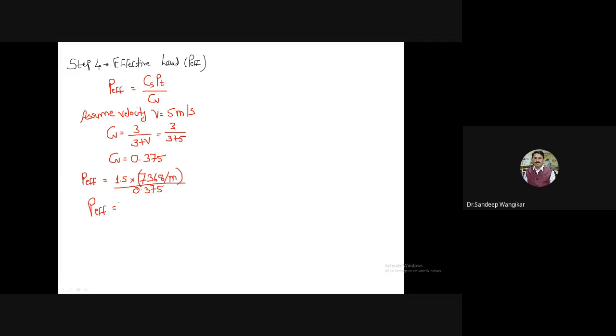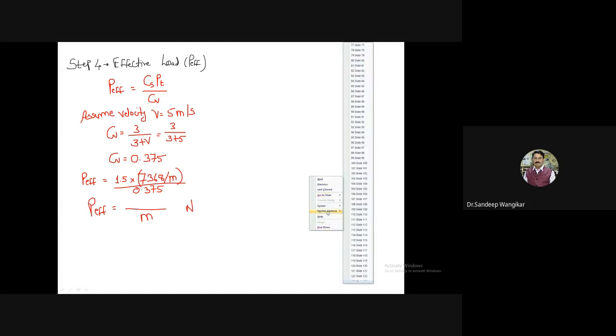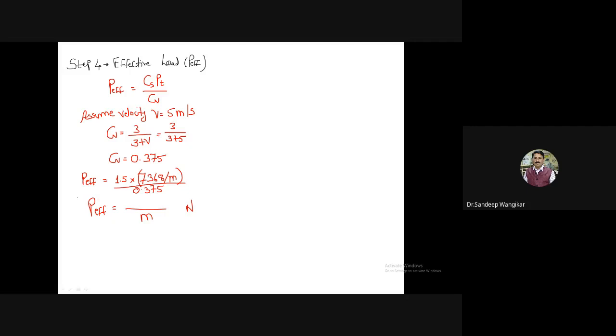P effective is something divided by module, in Newton.